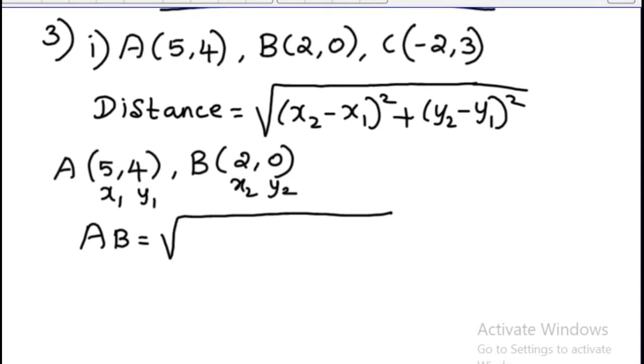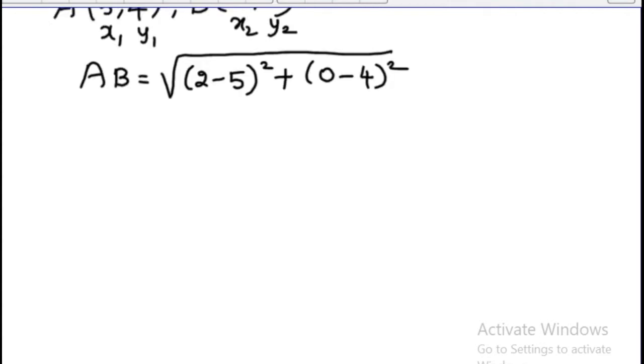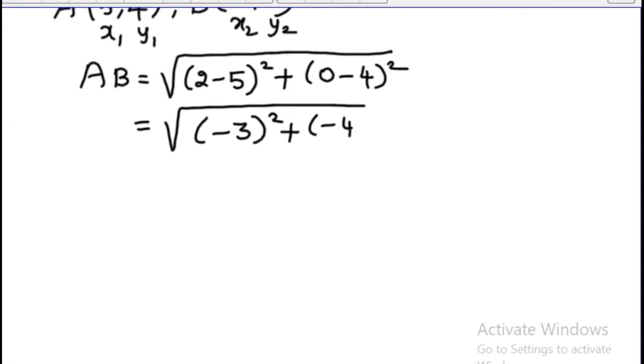What is our x2? 2. 2 minus 5 the whole square plus y2 is nothing but 0, 0 minus 4 whole square. So 2 minus 5 you will get minus 3. Minus 3 whole square plus minus 4 whole square.